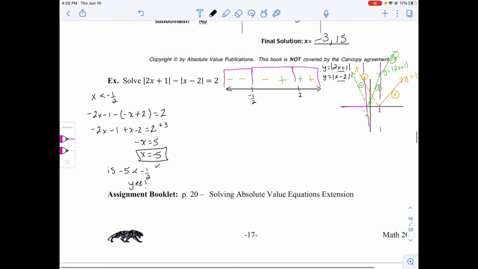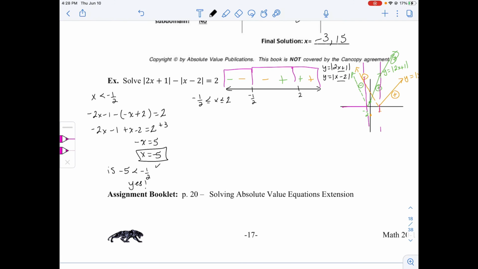Okay, when we look between negative 1/2 and 2, and I'm going to include the equal sign in this portion, it has to go somewhere, so we're going to put it with the middle.